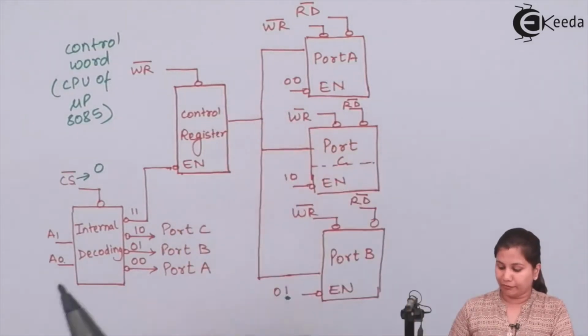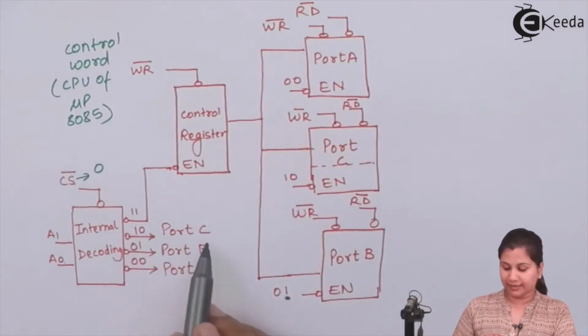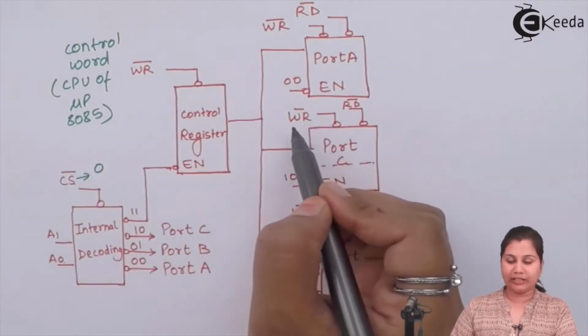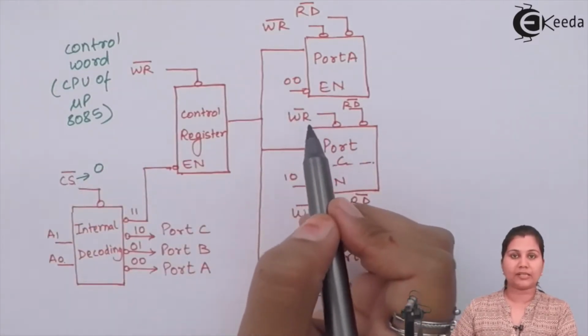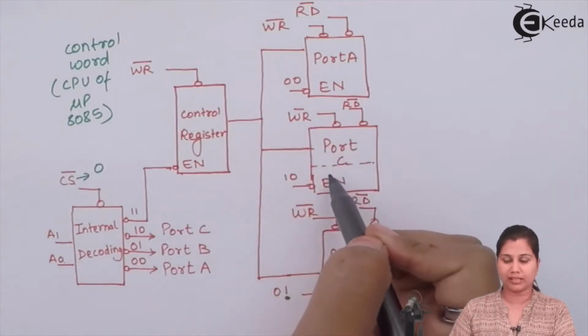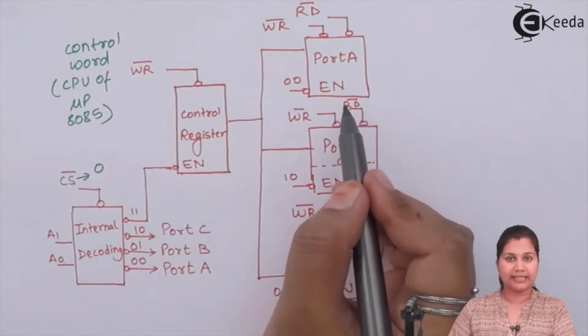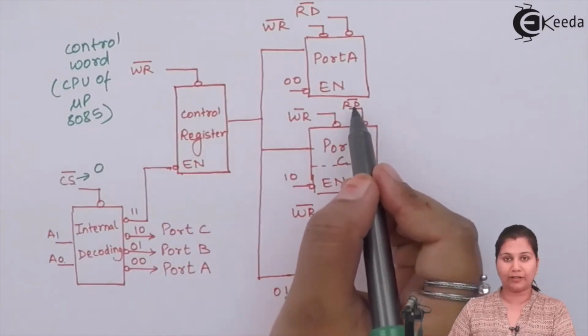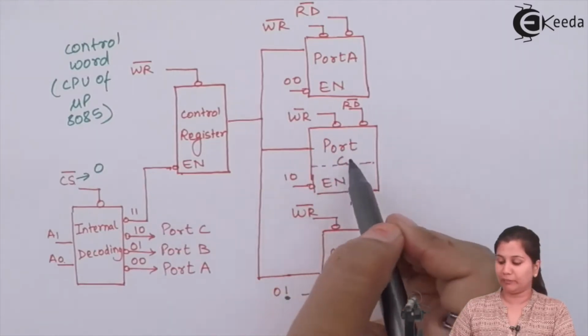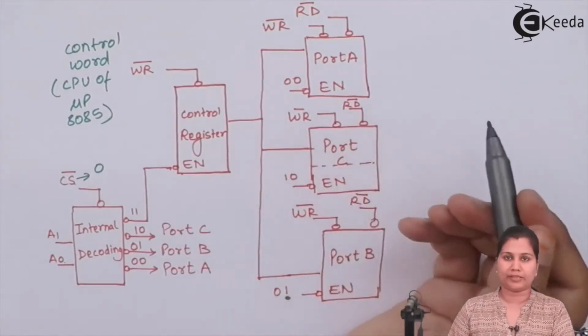Now, if port C is selected and the write signal is activated, then the data provided by the microprocessor will be written into port C, and if the read signal is activated, meaning its value is 0, then the data available on port C will be read by the microprocessor.